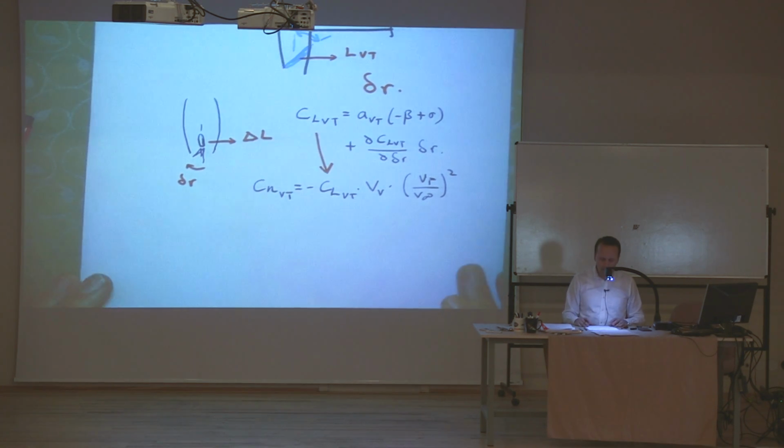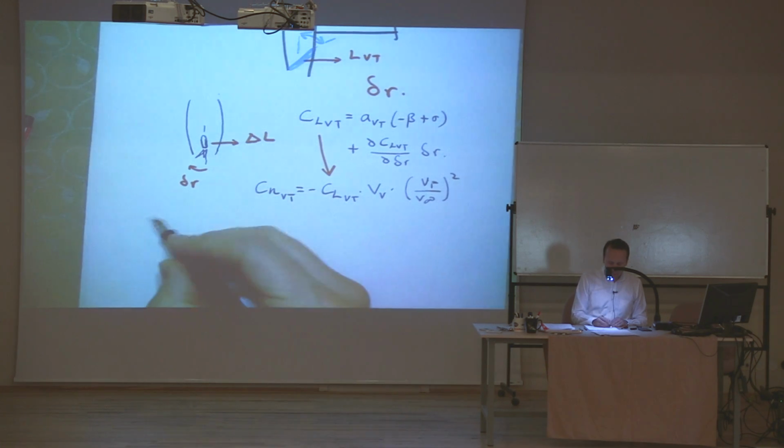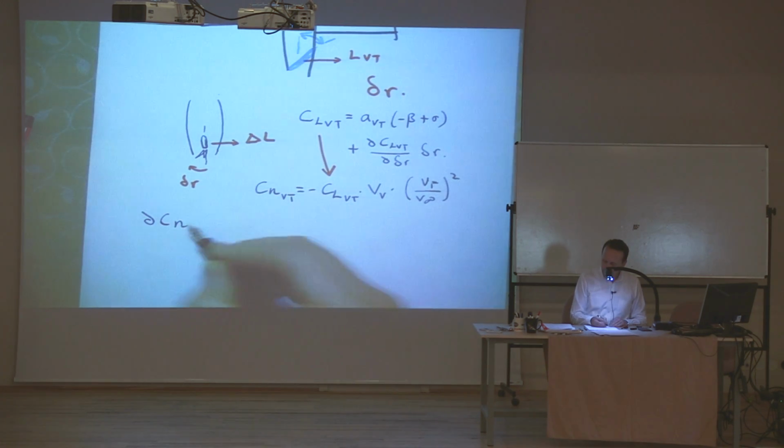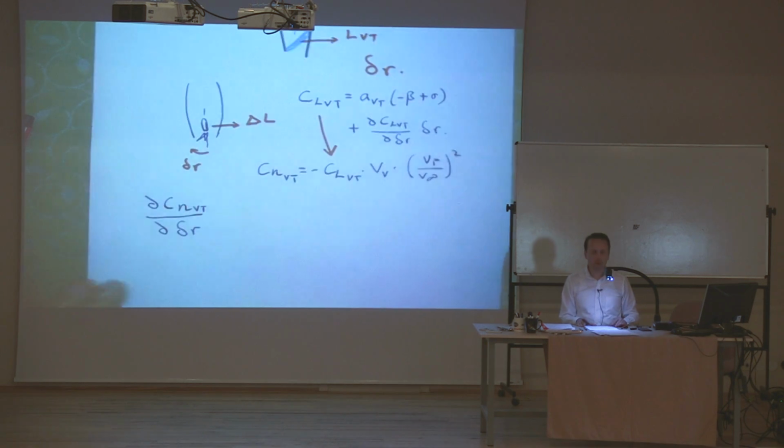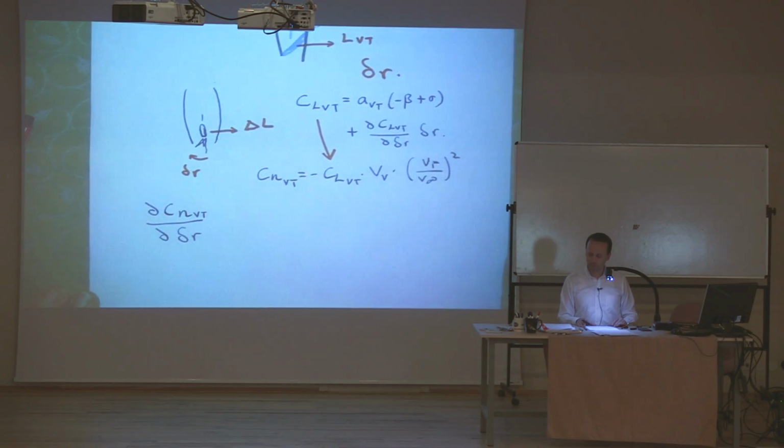So what I'm interested in now is what happens to Cn vertical tail with respect to del R. I'm interested in the partial derivative here.